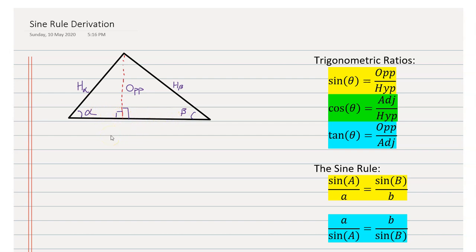So what that is going to look like is sine theta equals the opposite over the hypotenuse.